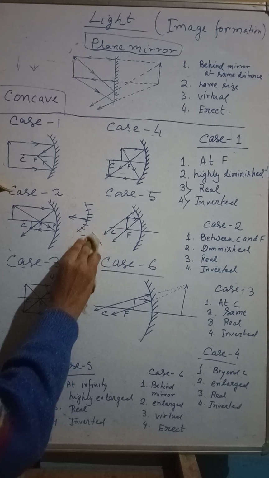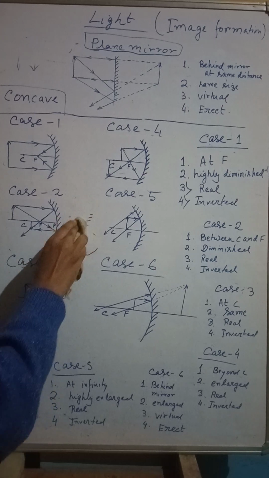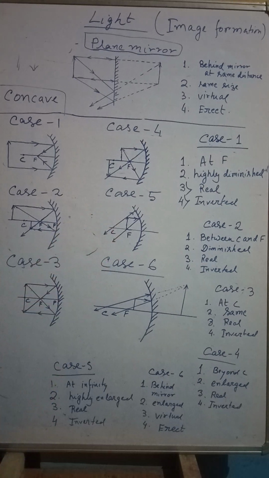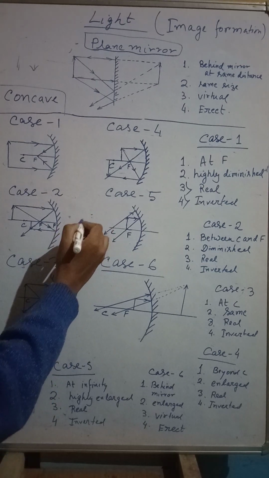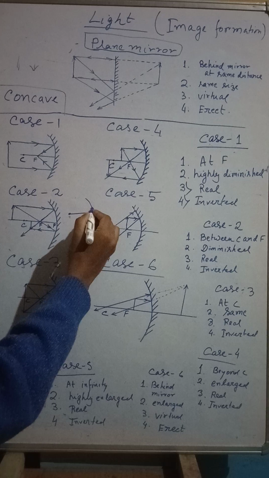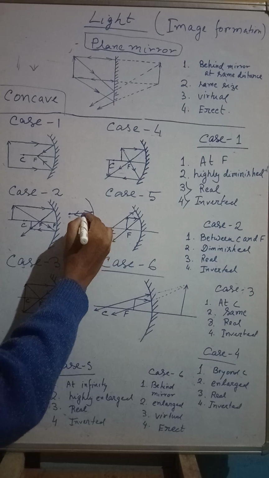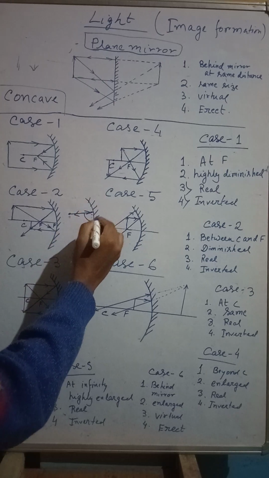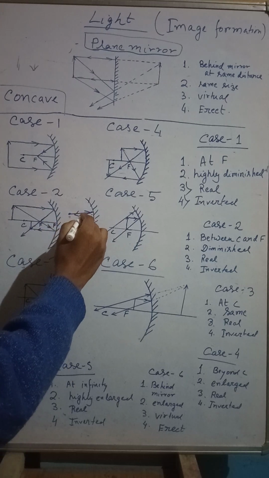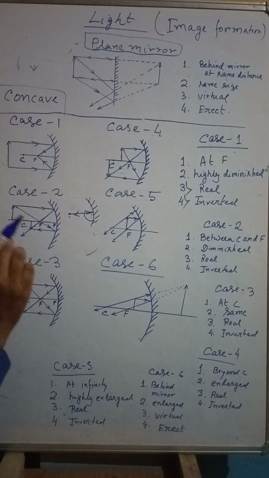Here the angle between the incident ray and the mirror is 90 degrees. This is the mirror, this is the center, this is the incident ray, this is the reflected ray. So this angle is 90 degrees. The angle between the incident ray and the mirror is 90 degrees, so the angle of incidence is 0 degrees.